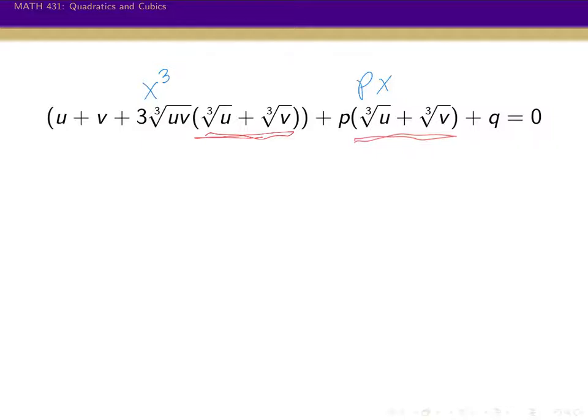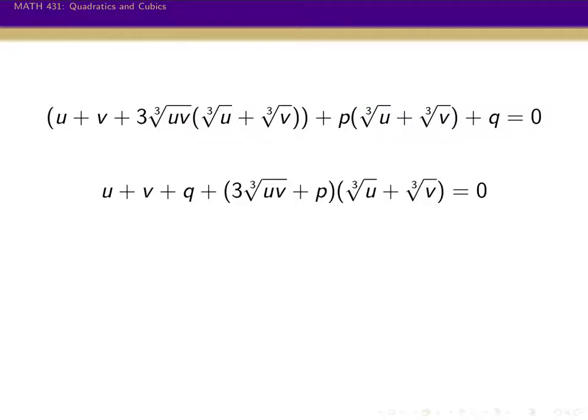And so we can factor that out of those two terms. So we have, moving the q over to the u plus v plus q, plus, now factoring out, 3 times the cube root of uv plus p, times our original x, the cube root of u plus the cube root of v, and this is equal to 0.